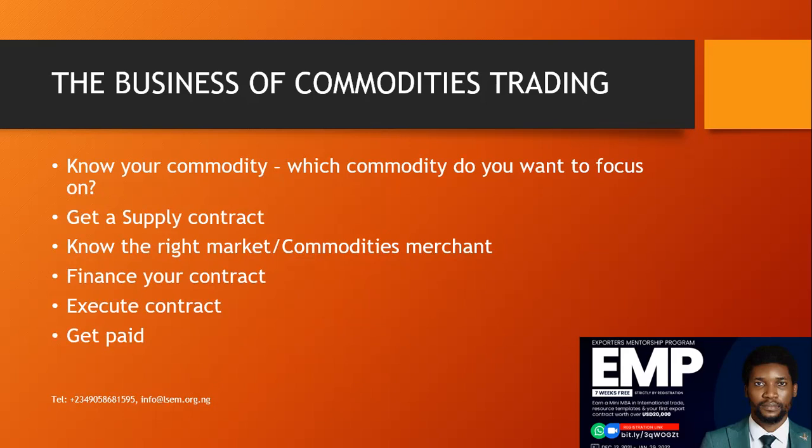This supply contract could be local, or it could be on exports, which is an international contract. So get yourself a contract, mix with the right people, go to companies, meet with the procurement managers, procurement officers, meet with warehouse managers and other merchants that need the commodities that you can supply.